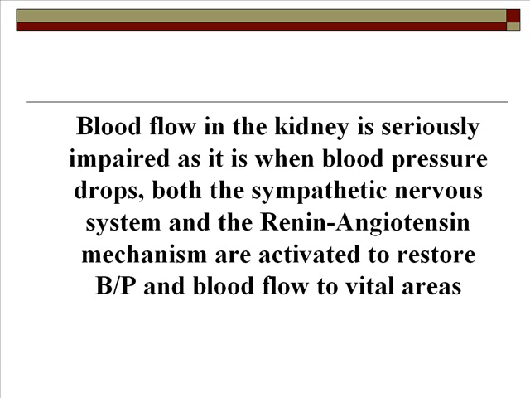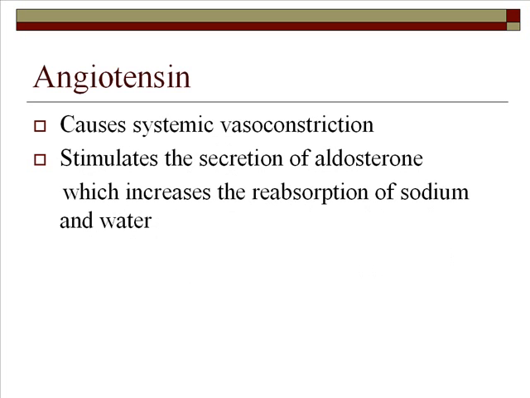Blood flow to the kidneys is seriously impaired when blood pressure drops, and that's why the kidney is so sensitive to the blood pressure in the system and why the monitoring phase, the afferent arterioles in the kidneys, are so important. So when the blood pressure drops, both the sympathetic nervous system and the renin-angiotensin mechanism will both be activated to restore blood pressure and blood flow to vital areas.